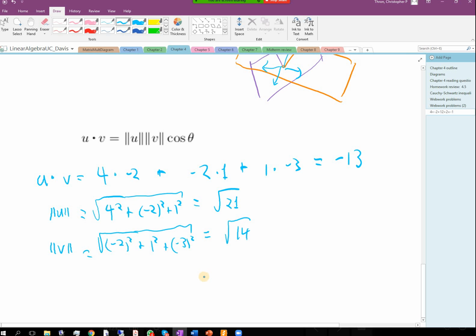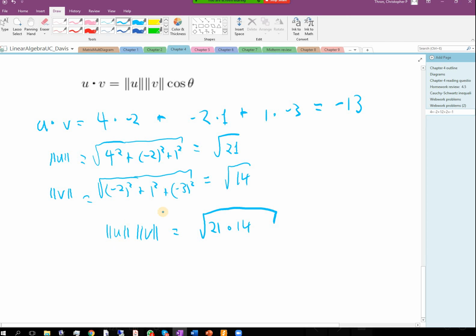So we've got a beautiful operation here. Just to make things nice and easy, we can combine the radicals and have one large radical, 21 times 14. But that'll be all underneath -13, so we can divide that over to the left and get prepared to work with arc cosine, or cosine inverse.